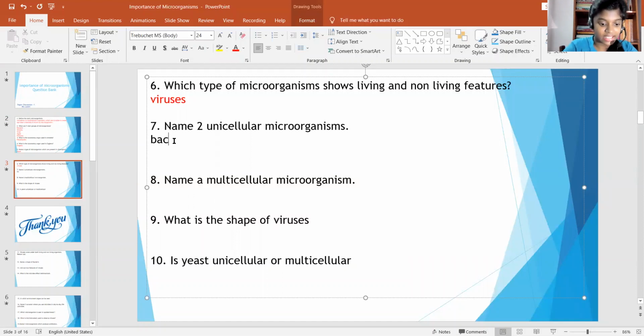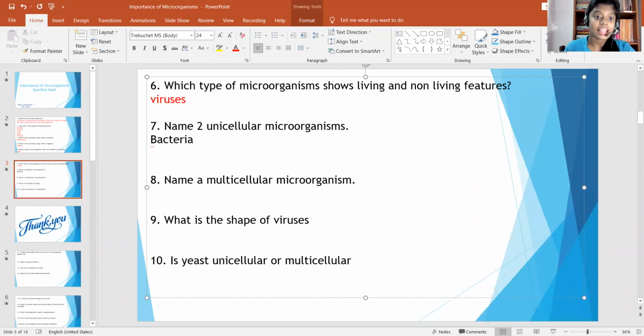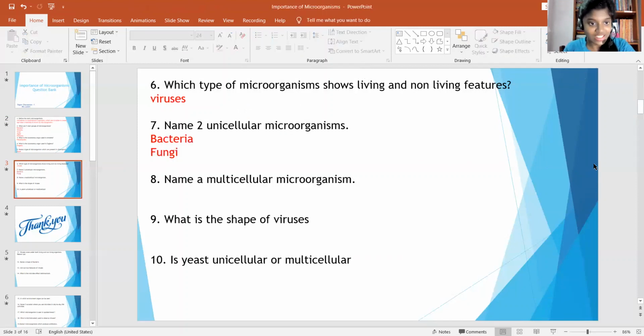Yes, bacteria has one cell. Then fungi also have one cell. Unicell means one cell. Okay, children.